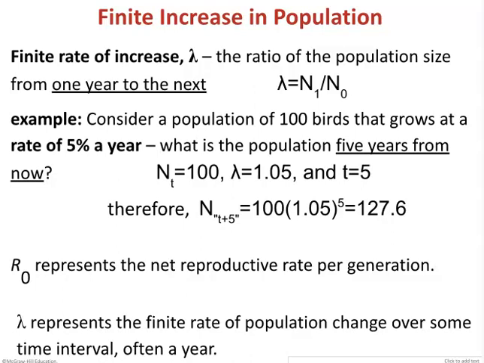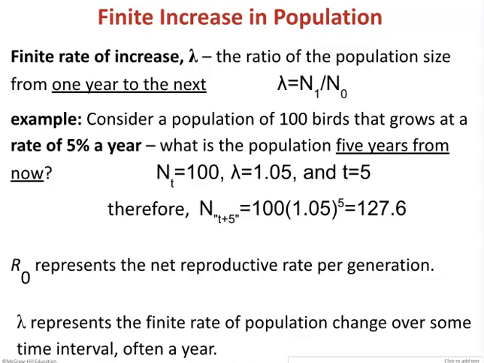Consider a population of 100 birds. These birds grow at a 5% increase. So it's positive, right? We're getting more birds from year to year. The question now is asking, what will the population be 5 years from now? So today it's 100.